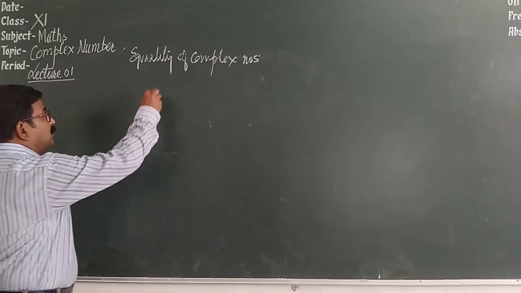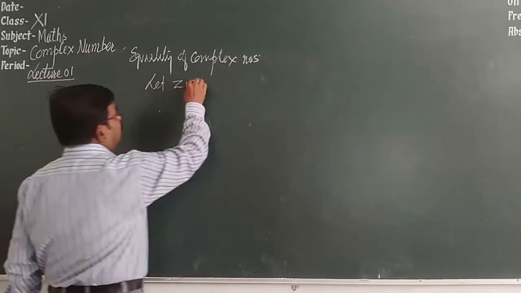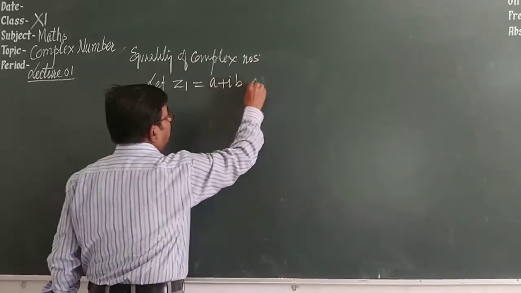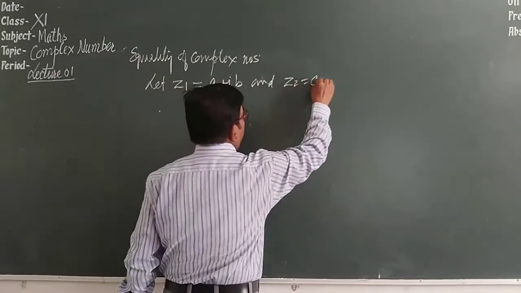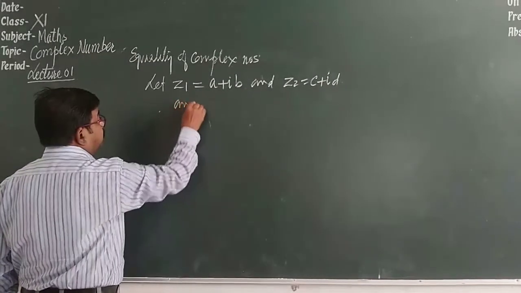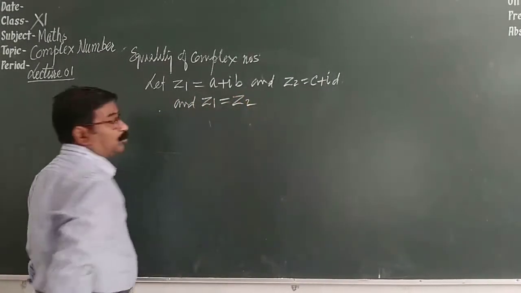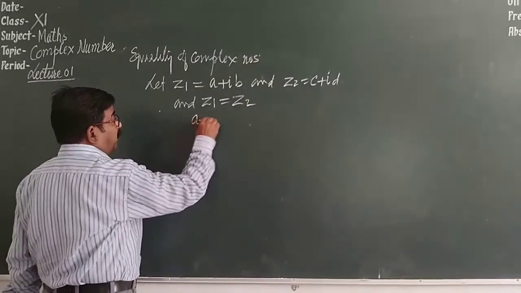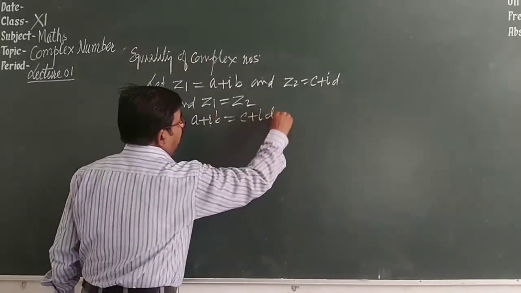So suppose let z1 is equal to a plus ib and z2 is equal to c plus id, and z1 is equal to z2. It means we have a plus ib is equal to c plus id.